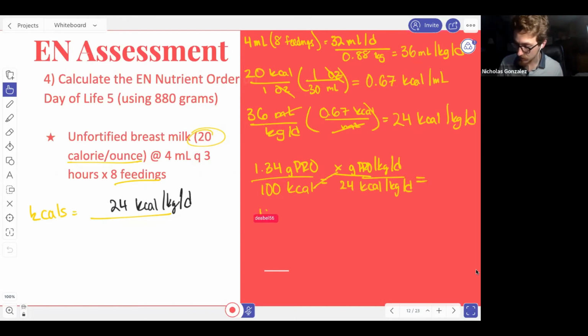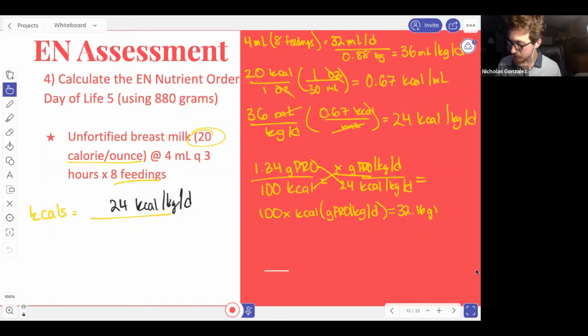Once again, 100 kcals times x grams of protein per kilogram per day equals this multiplication right here, which gives us 32.16 grams of protein times calories per kilogram per day.